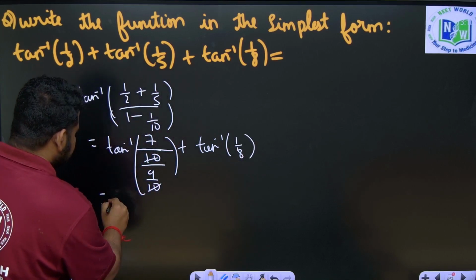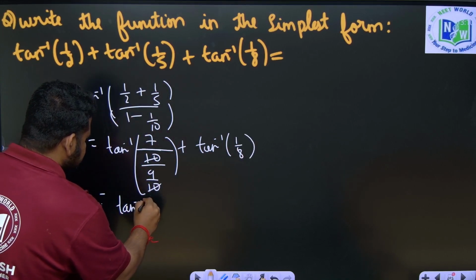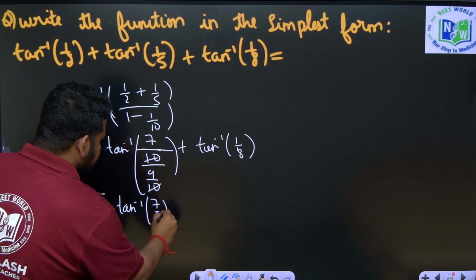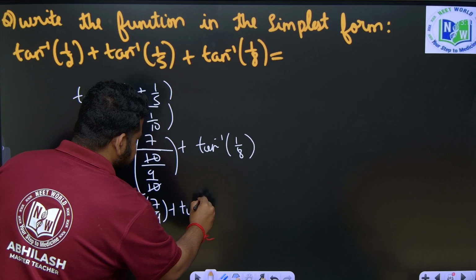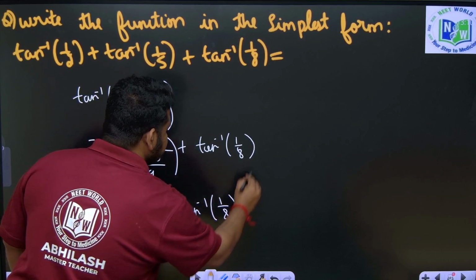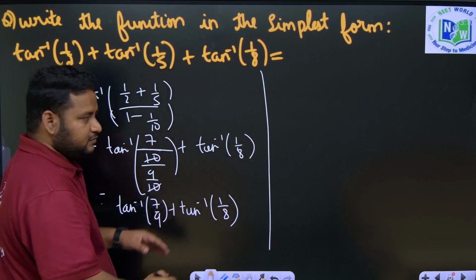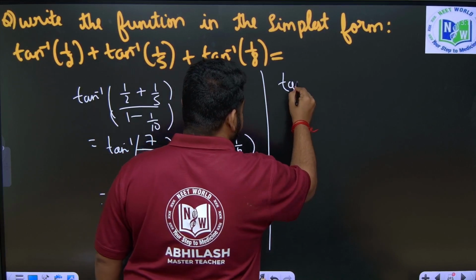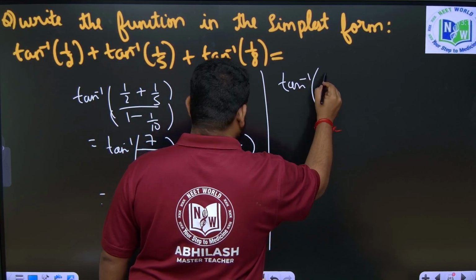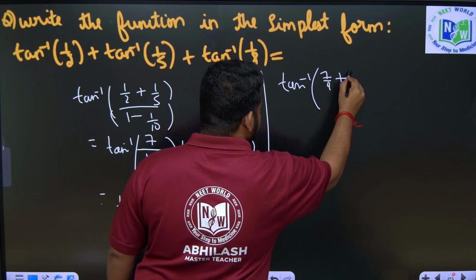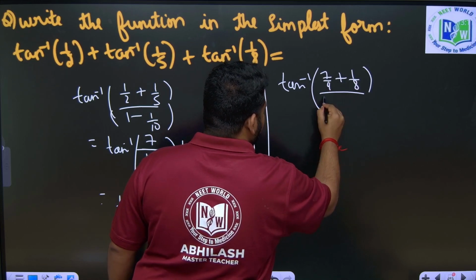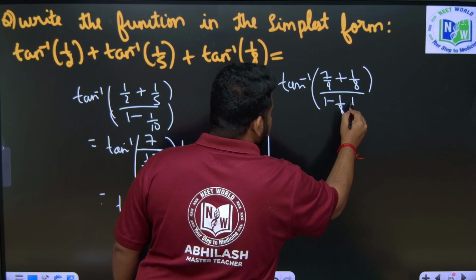So we will have tan inverse of 7 by 9 plus tan inverse of 1 by 8. If you further do it, tan inverse of (x plus y) again, so tan inverse of 7 by 9 plus 1 by 8 divided by 1 minus 1 by 8 into 7 by 9.